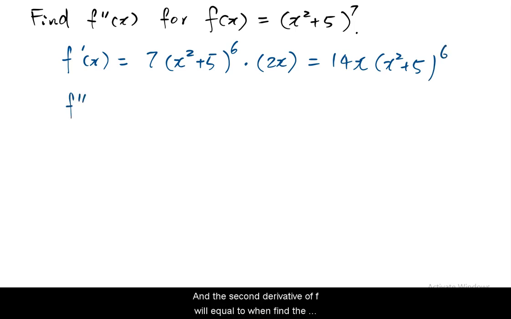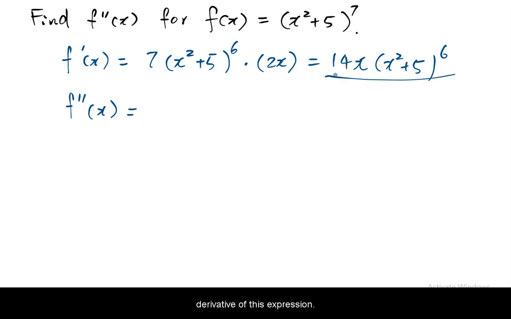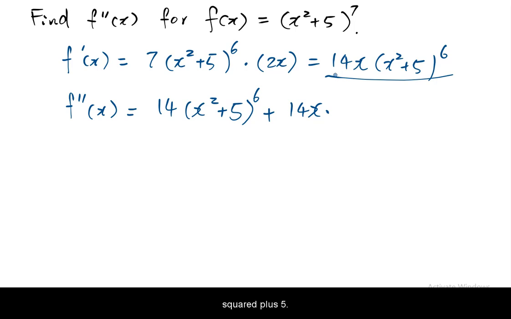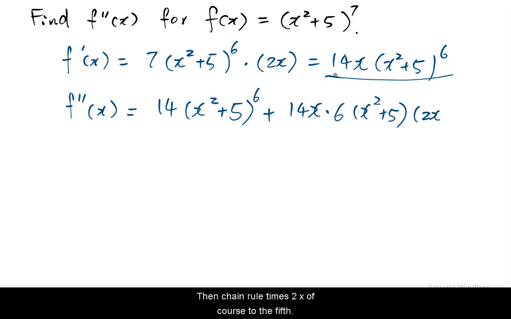And the second derivative of f will equal, I want to find the derivative of this expression, so product rule, right? So it's 14 times (x squared plus 5) to the 6th plus 14x times 6(x squared plus 5), then chain rule, times 2x.